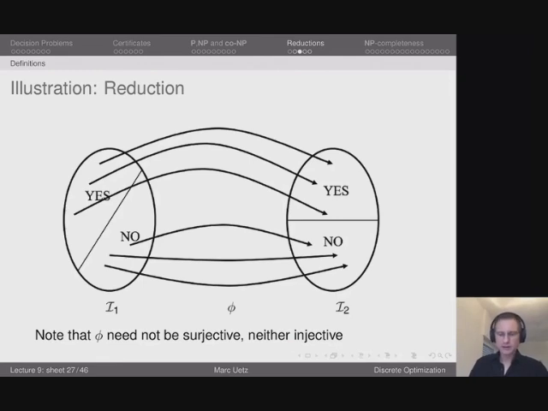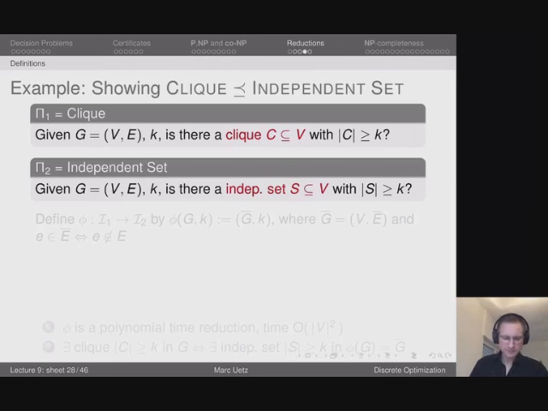Okay, so let me give you one little example of a problem reduction. And that is, we are now reducing the problem clique to the problem independent set. Okay, remember what was the clique and the independent set problem?